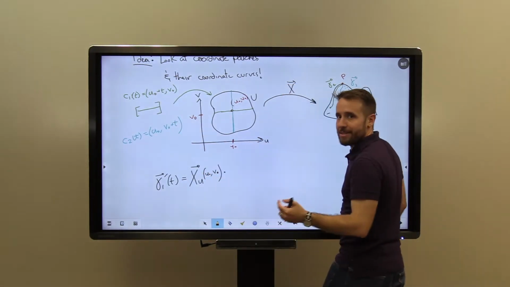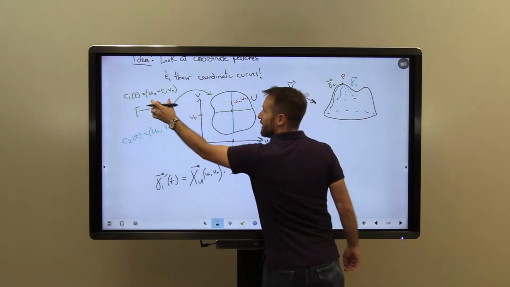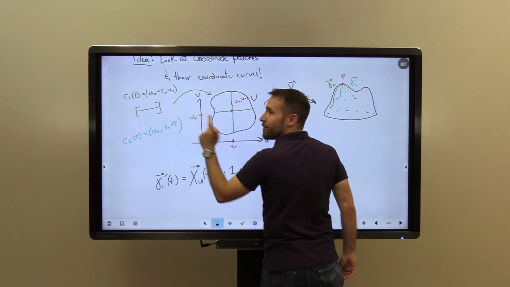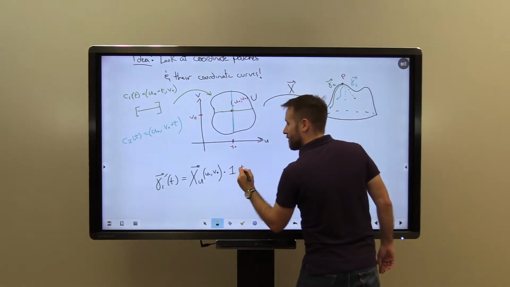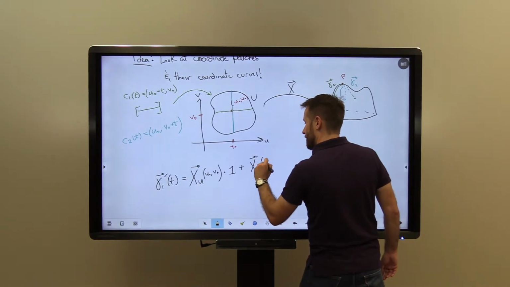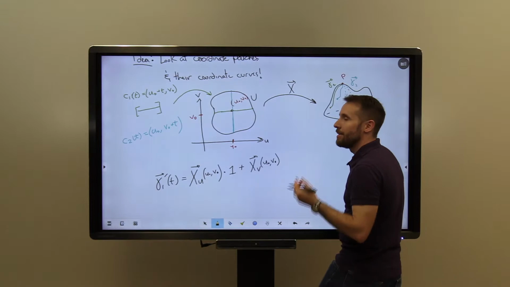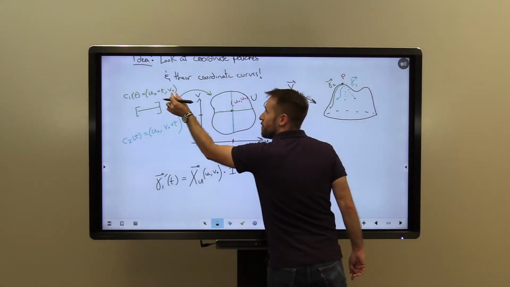So that's going to be the t derivative, and that's just going to be a 1, because the t derivative of this piece is just a 1, plus x sub v of u naught v naught times the t derivative of the v coordinate.